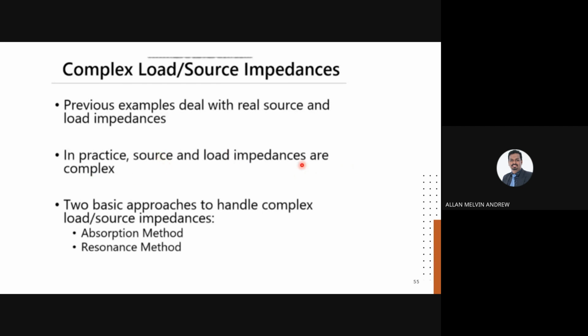So there are two basic approaches to handle complex load and source impedance: we can use the absorption method or the resonance method. We will see one by one how they differ.